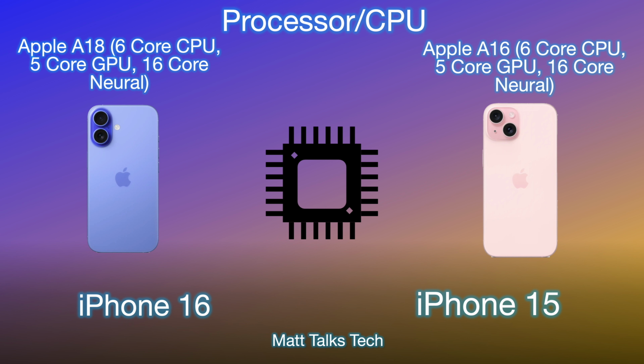Whereas the iPhone 16, like I said, is 2 generations ahead now. It's the Apple A18, 6-core CPU, 5-core GPU and 16-core neural engine, but don't let that throw you off, because at the end of the day, Apple have even claimed and showed the A18 is around about 30 to about, say, 35% faster in CPU and GPU speeds. It's way faster there, and it's even more efficient than the A16, as you will see later on in the battery life there. So definitely do take that into account.